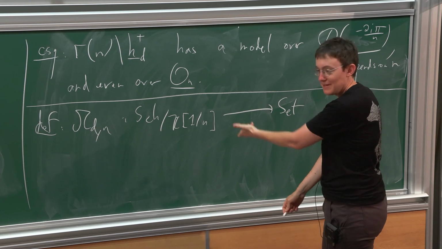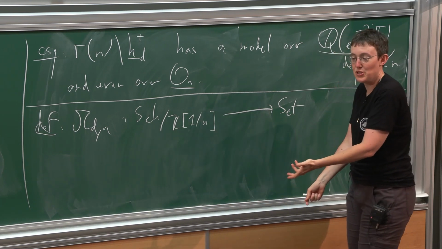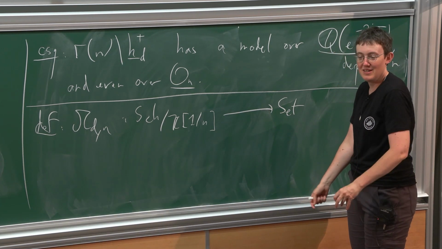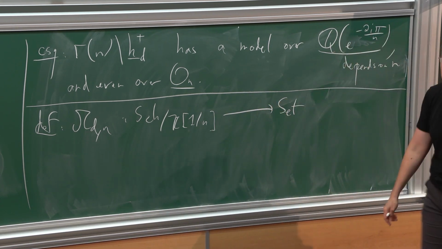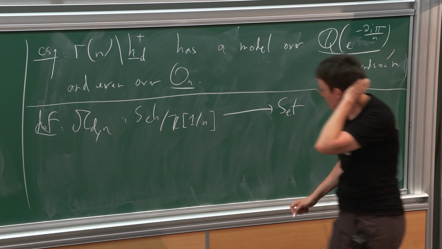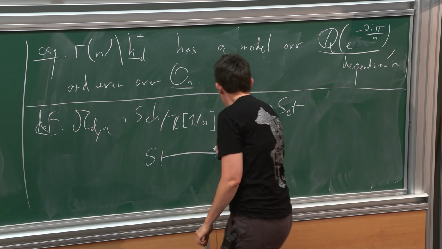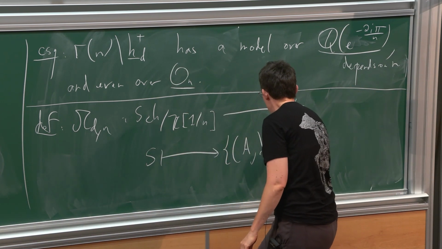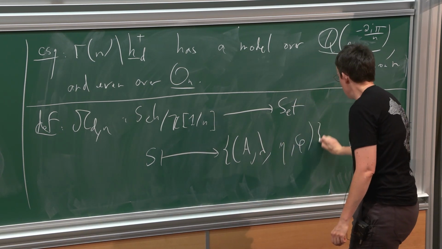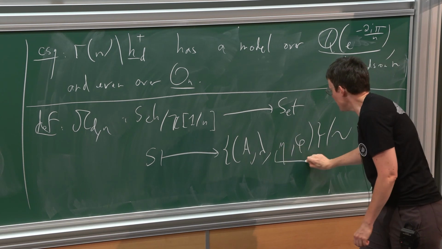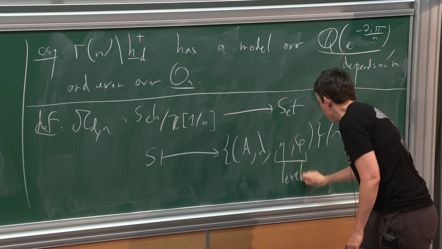I mean, it makes sense as a moduli problem over Z, but it would have empty fibers outside of this open subset. And you just send S to the isomorphism classes of (A, lambda, eta, phi). (A, lambda) is as before, and this is a level n structure on (A, lambda).